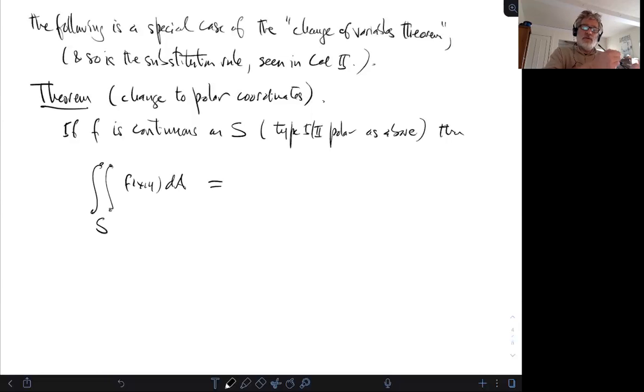Now I'm using the description of S in polar coordinates. So the integral is going to look like the type 1 computation that we made.